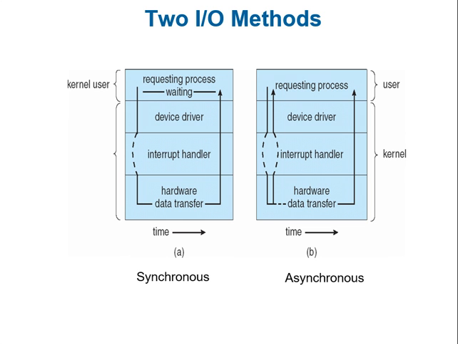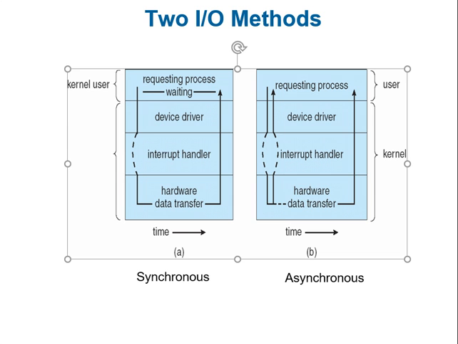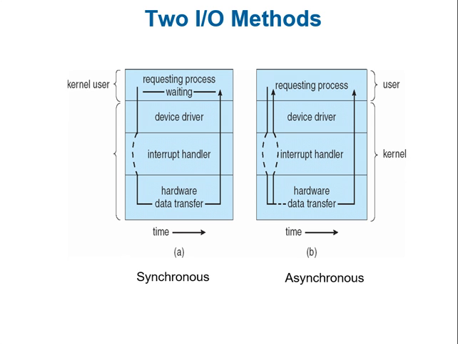But for asynchronous, although the process is still in progress or execution, the hardware data transfer can still transfer the data without having to wait for the current task to complete.